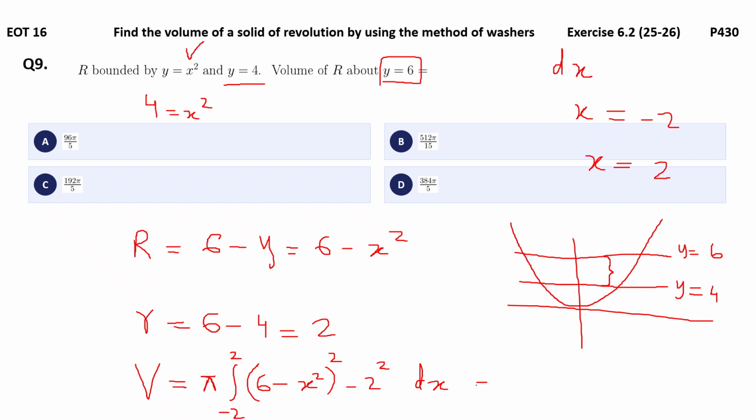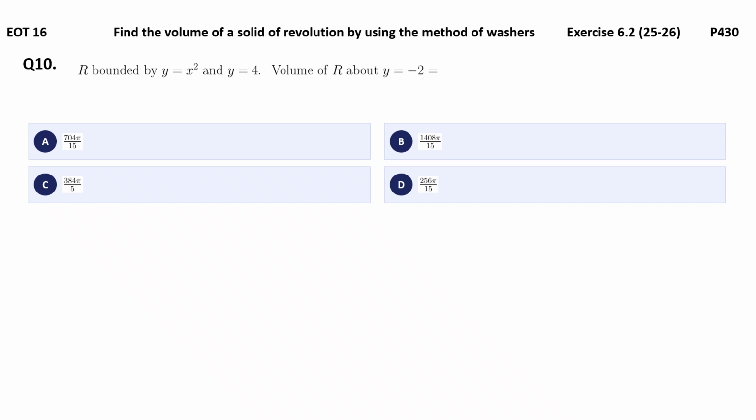And you get 384 pi by 5. That's option D. When we continue with question number 10, here y equal to negative 2.